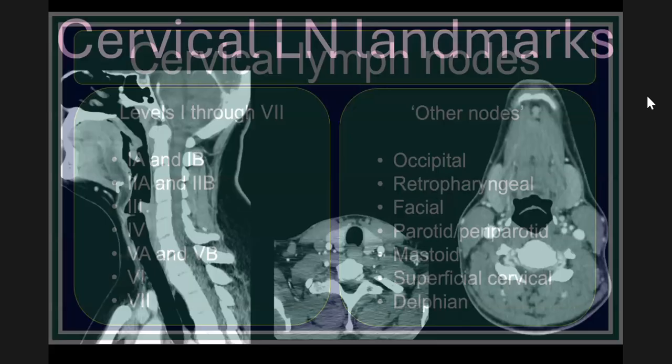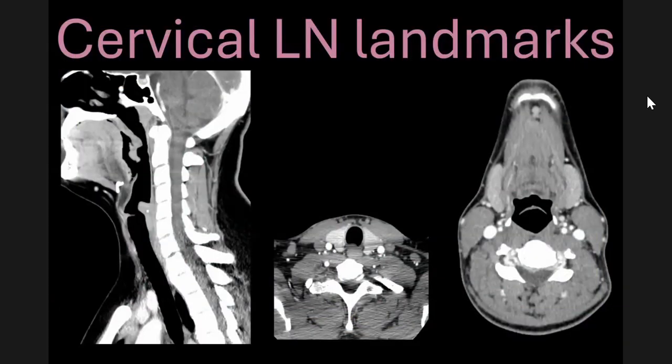When we talk about the different lymph node levels, it's very important to know the different landmarks that divide these lymph nodes. So with this slide, I'm going to be talking about the different anatomic landmarks that are very important in dividing these lymph nodes into these different levels. On the sagittal image here on my left-hand side, we have the levels starting from the skull base. So supero-inferiorly, we have the skull base at the top.